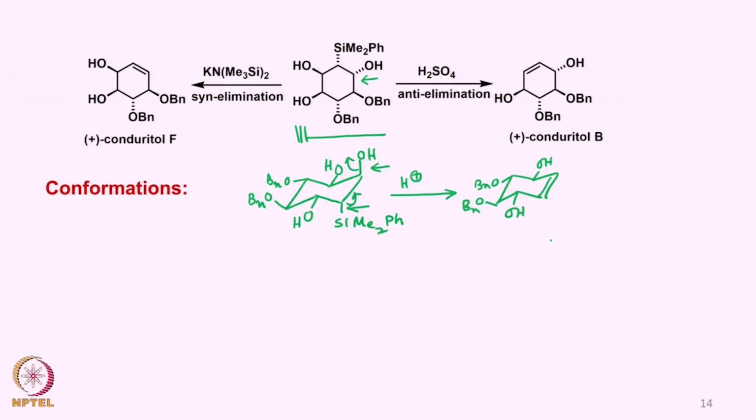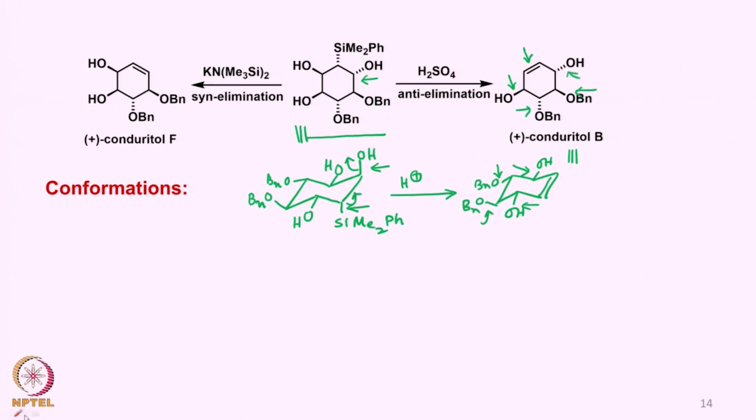If we look at this molecule and that molecule, they are similar. This double bond is here, this OH group is beta oriented, then OBn is alpha oriented, then this OBn is beta oriented, and this OH is alpha oriented. This is how it is.